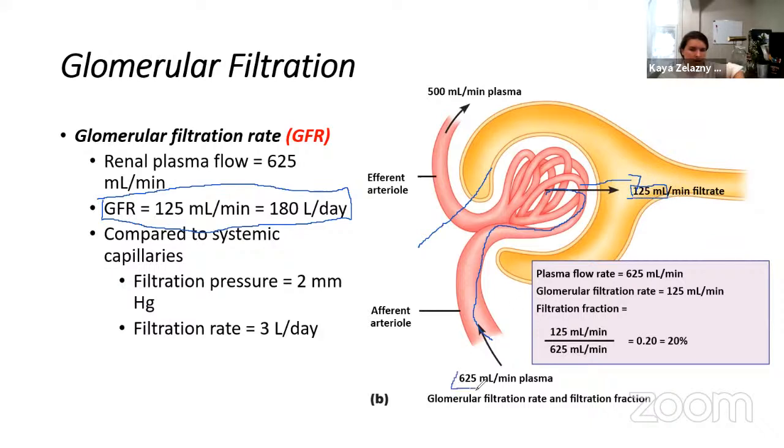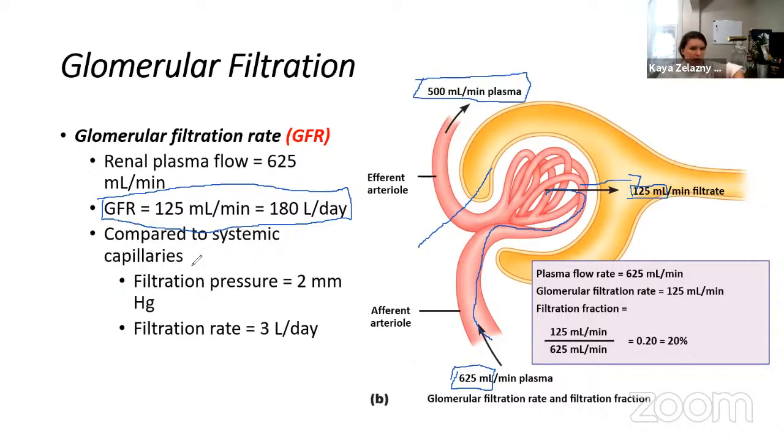Our renal plasma flow is 625 milliliters. And on this picture, it's super helpful, right? We can see that the blood going in, 625 milliliters. We have filtrate coming out, 125 milliliters, which means that leaves us with 500 milliliters of plasma leaving the kidney every minute. All right, so these two add up, right?